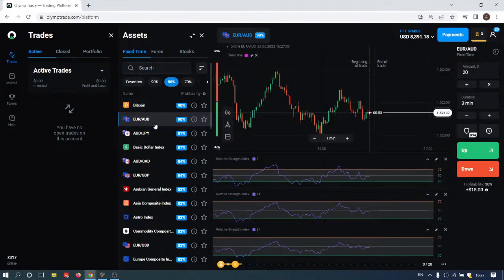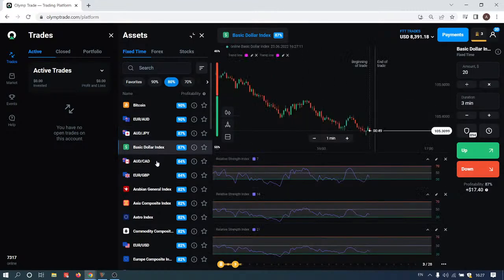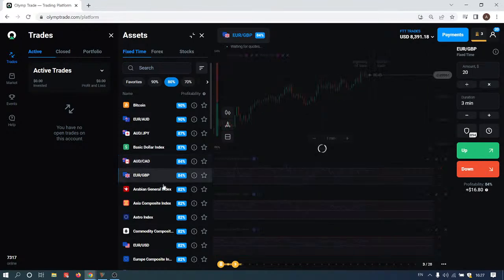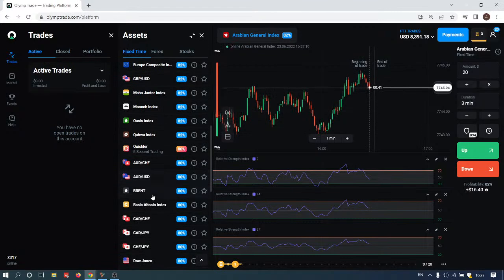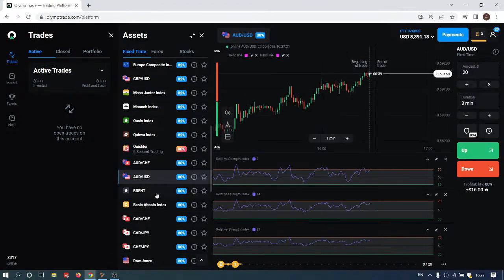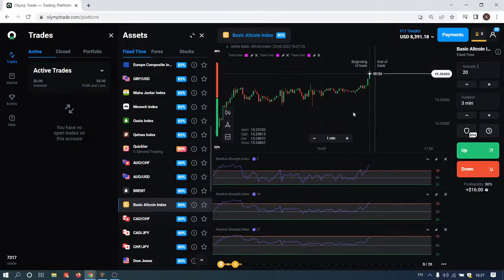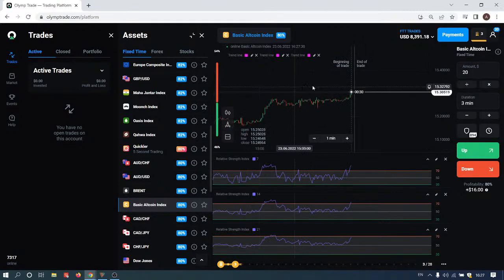Now, guys, I don't really see that many signals today. The markets have been trading relatively flat. I do hope that I will still manage to find some more signals, because I want to show you a few more. Like the basic altcoin index.